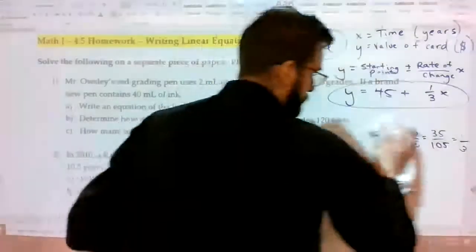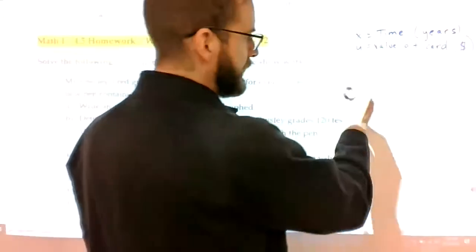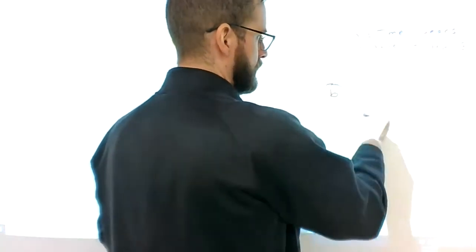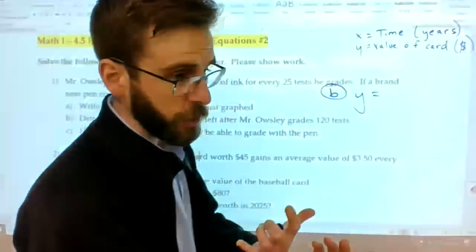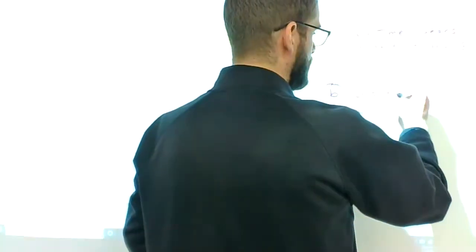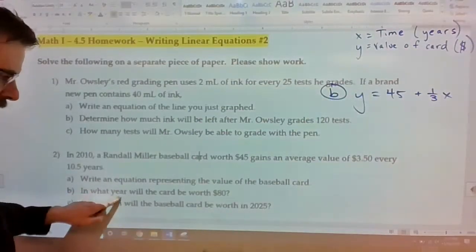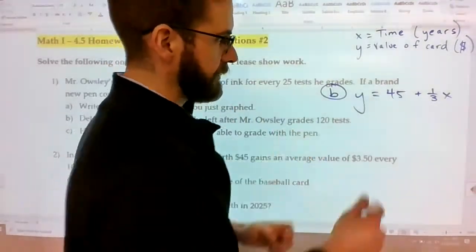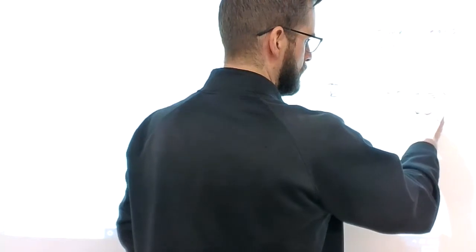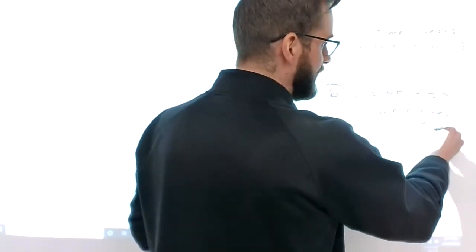Now what do we do with part B? Well, for part B, we first rewrite the equation because we're using this equation for all parts. 45 plus 1/3 x. In what year will the card be worth $80? So we are given a dollar amount, $80.